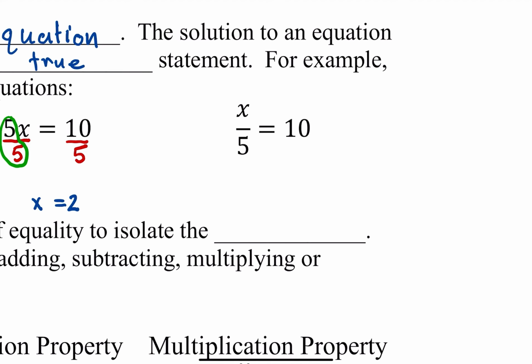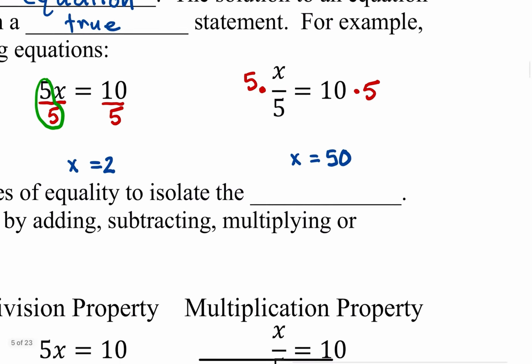Let's just write down our solution first, namely that x is equal to 50. Well, I need this 5 in the denominator to be canceled out. So I'm going to multiply this by 5, and that means I'll multiply this by 5. So again, technically I'm multiplying by 5 over 1, but what will end up happening is you'll end up with that 5 over 5. So then you'll just be left with 1x or just x. So there is the solution.